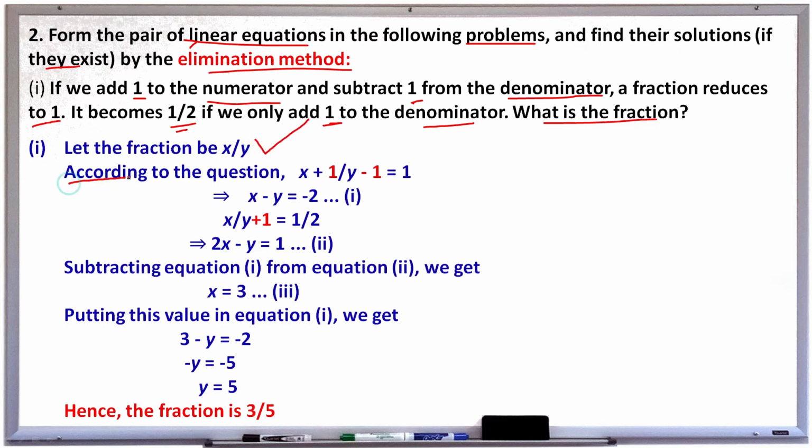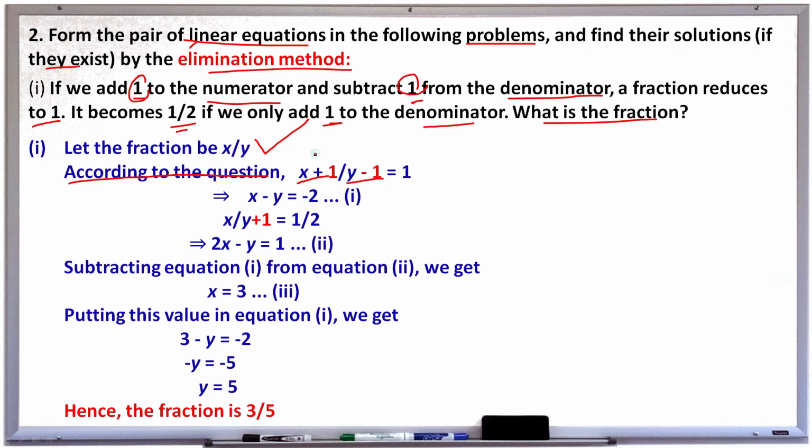According to the problem, we are going to add 1 to the numerator and subtract 1 from the denominator. That means (x plus 1) divided by (y minus 1).